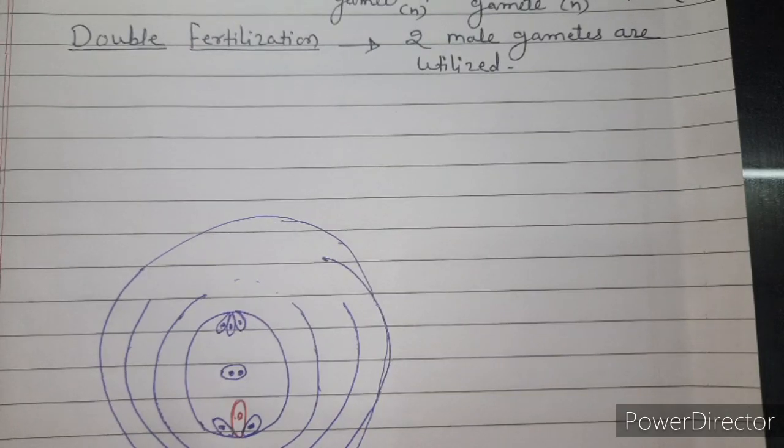Okay, you know up to this. Now, see here, this is the structure of an anatropous ovule, but where is the ovule present? The ovule is attached to the placenta by the funicle inside the ovary.